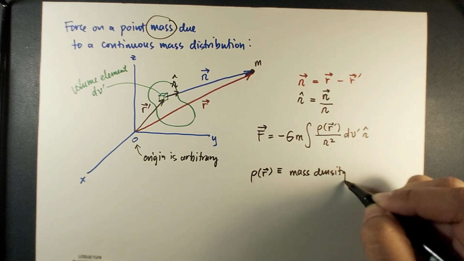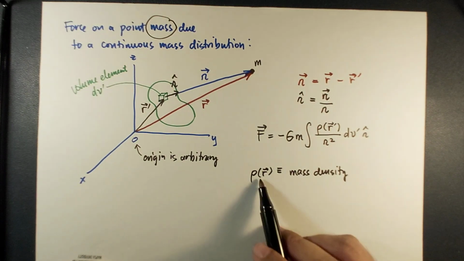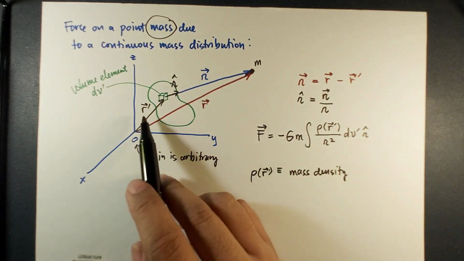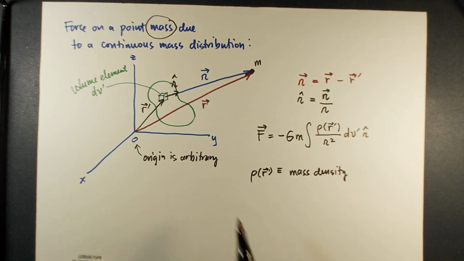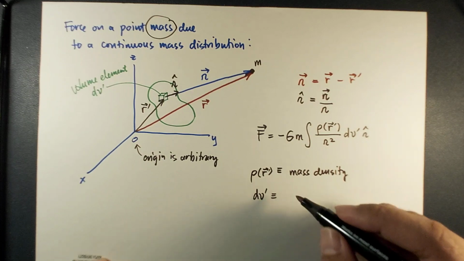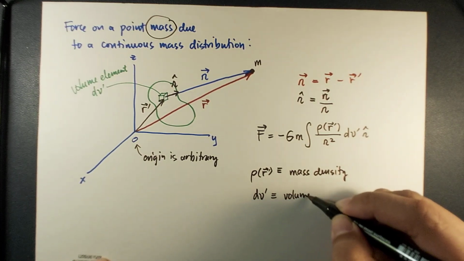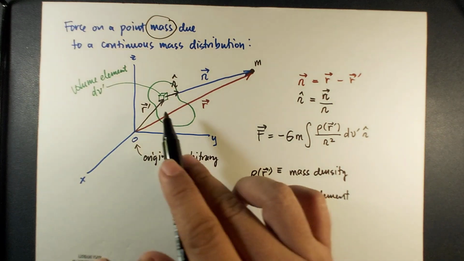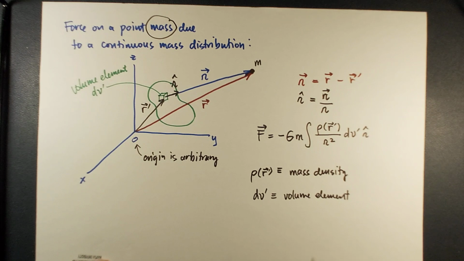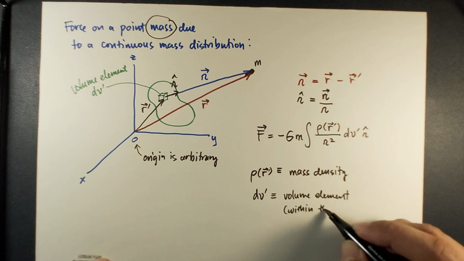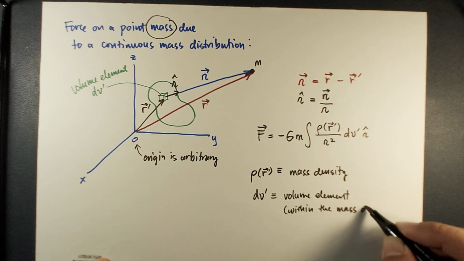And here we assume that the mass density varies with position. So that means at any given point, it's possible that the density is not the same. And then dV, as I mentioned earlier, is the volume element defined by the position r prime, and this volume element is within the mass distribution.